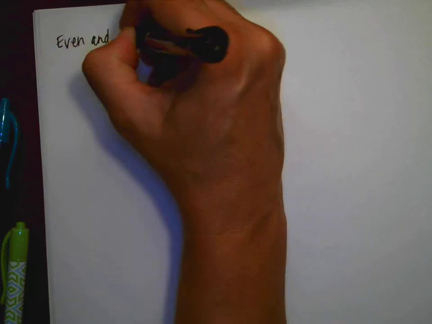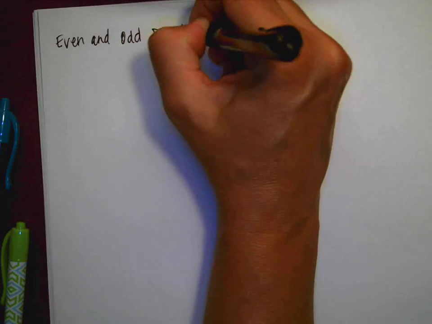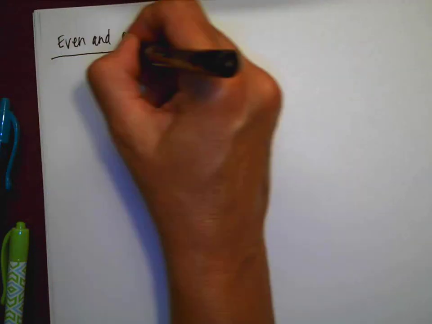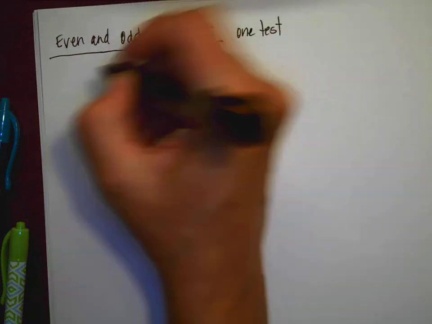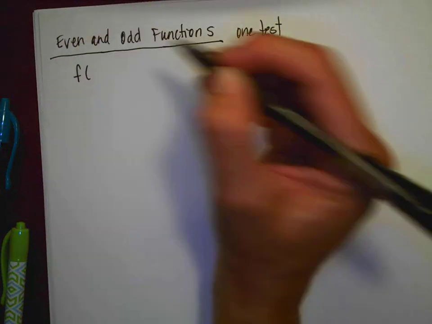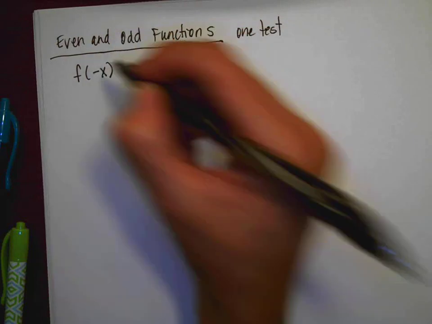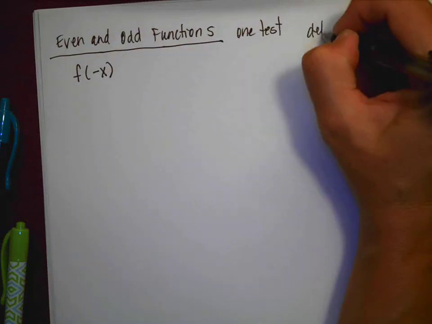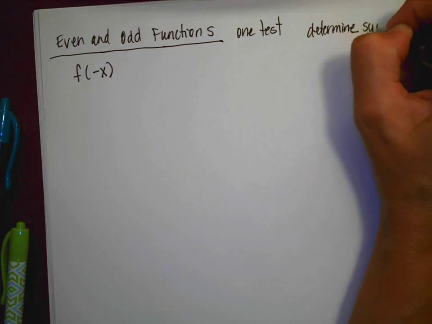All right, almost done. So now I want to talk about even and odd functions. If you will remember, there is one test. If I want to determine whether a function is even or odd, I need to determine the symmetry.